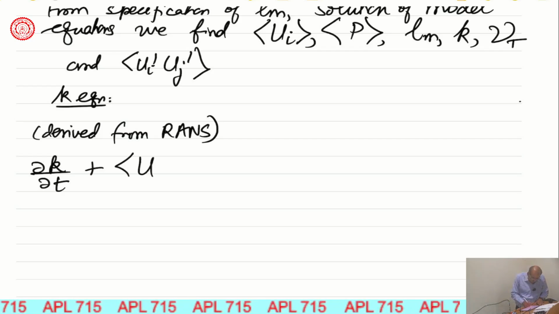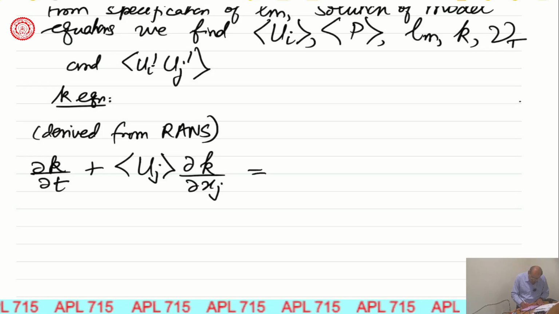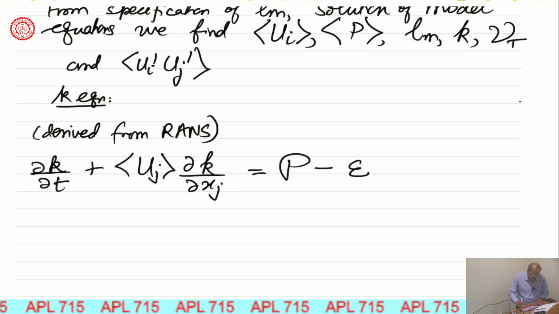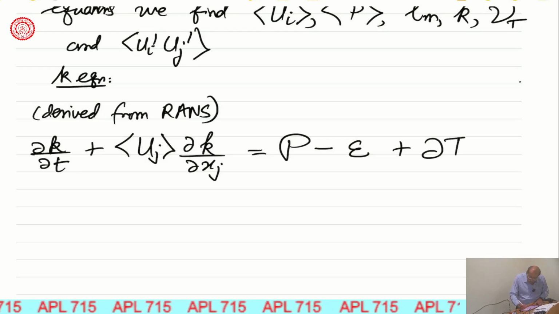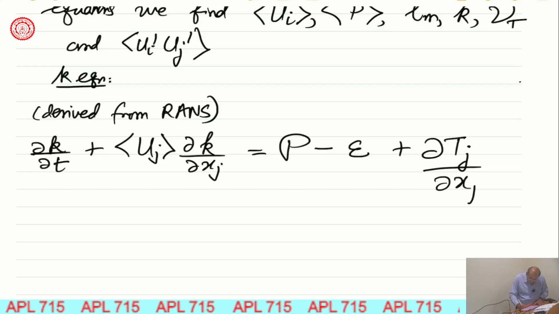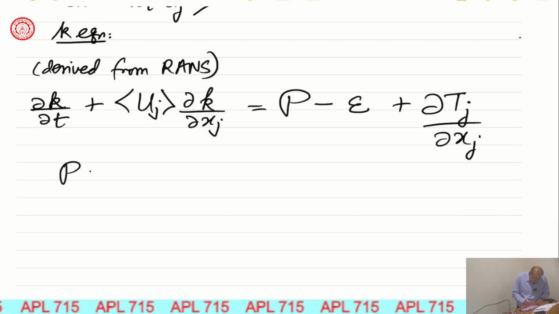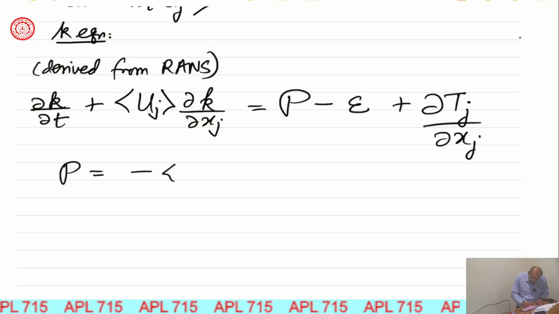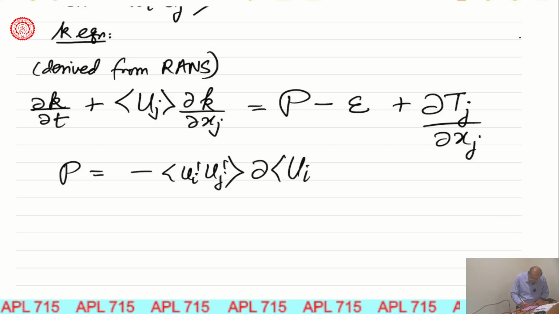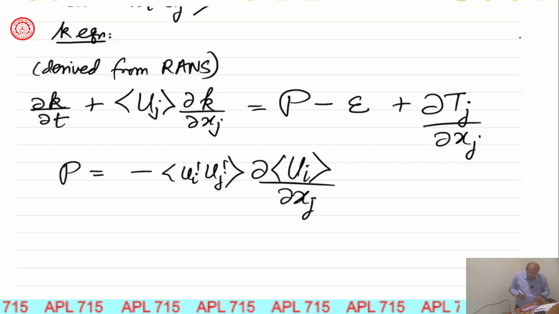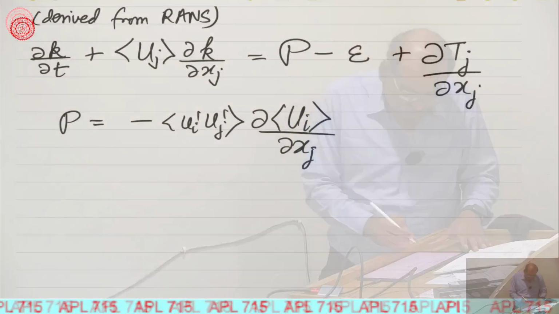This equation takes the form: dk by dt plus uj dk by dxj equals production minus epsilon plus partial Tj by partial xj. And let us write the various terms. Production was equal to minus ui prime, uj prime times dUi by dxj. I'm not sure if it was Sij or dUi by dxj, but it was of this form.